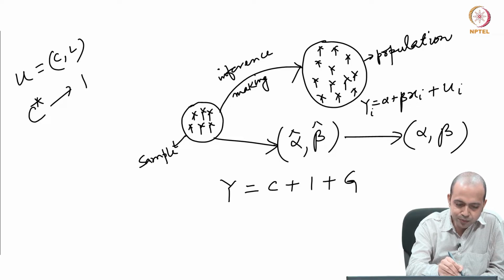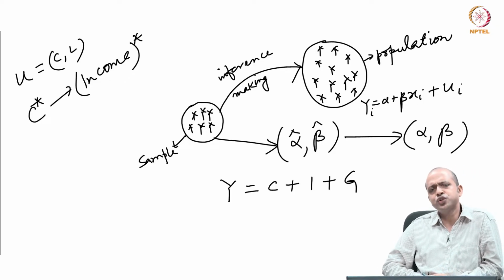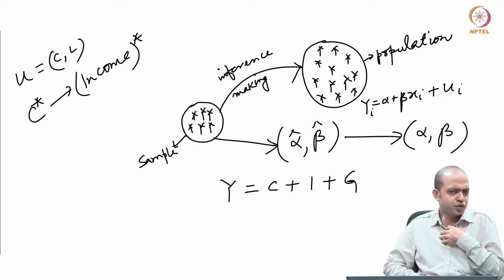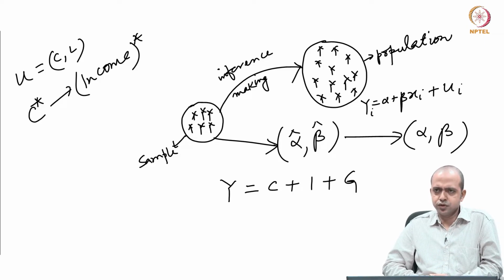Okay, optimum level of income, which is, let us say, income star. Now this C star may vary from person to person. You may have a higher level of consumption for which you might be willing to participate in the labor market, you might be willing to supply more labor than me, because my consumption is lower than yours, right?